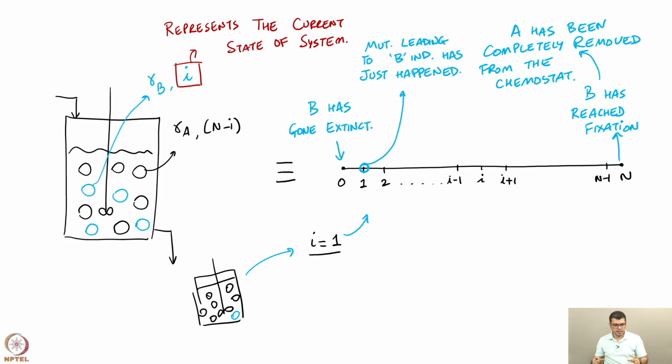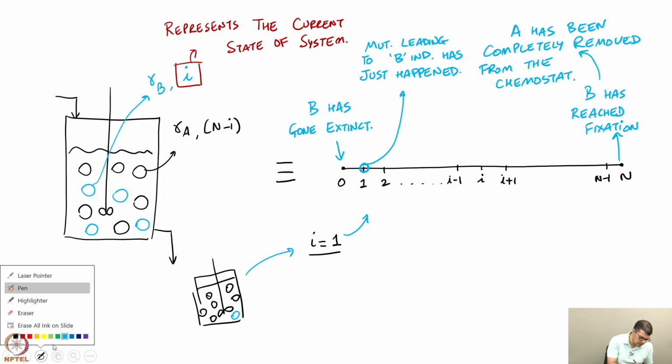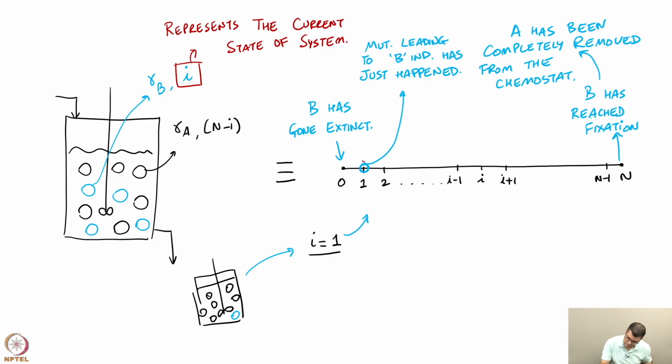And remember, we started this entire discussion saying that we are interested in studying the transition of the system from this state I equal to 1, that is, what is the probability that this system transitions from this state when the B mutation has just happened to this state where it's all B in the population.